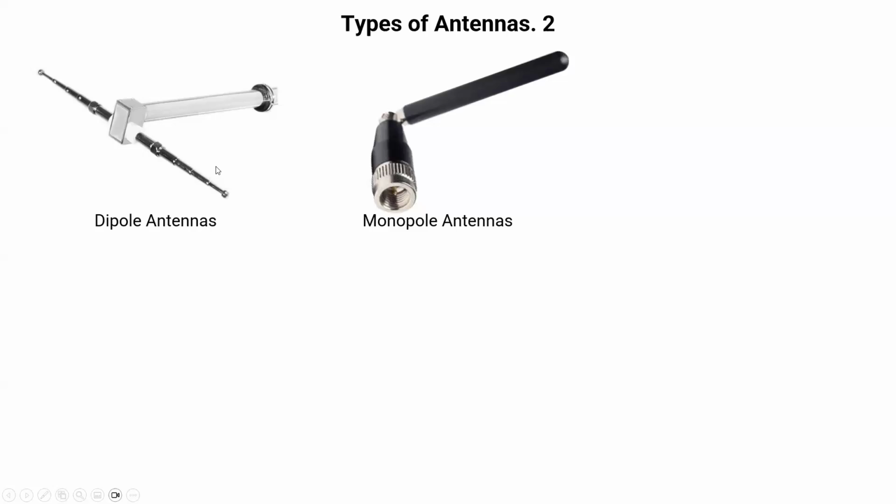Another type is the monopole antenna. According to the name, mono means one, so it's a one-shoulder, one-part, single wire antenna.